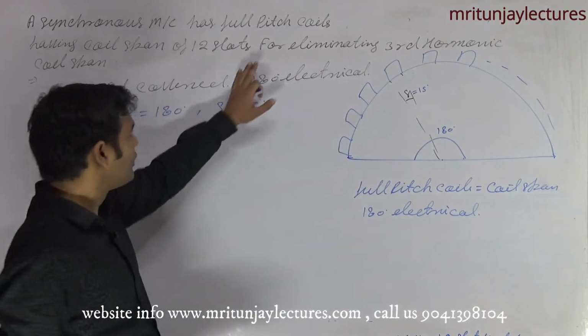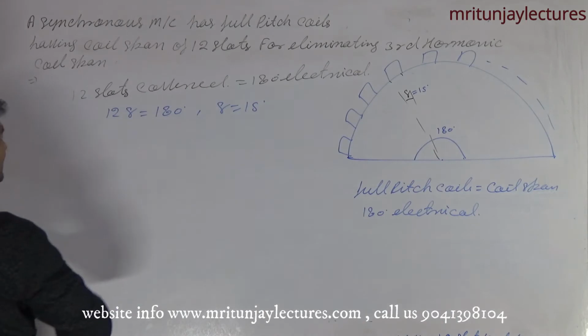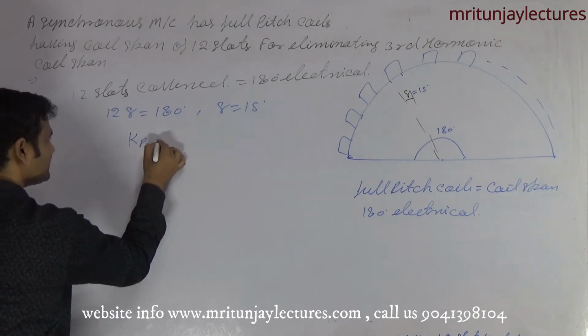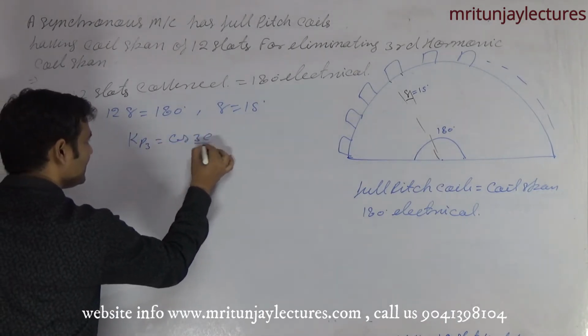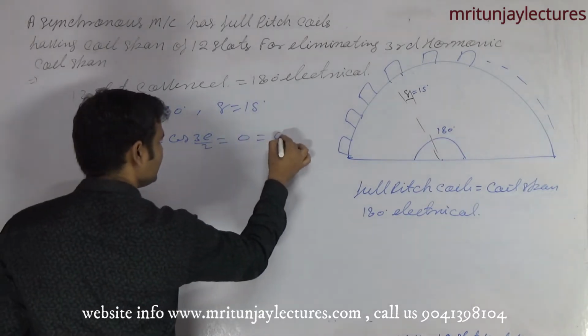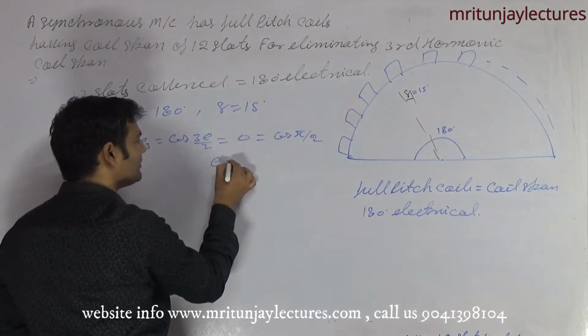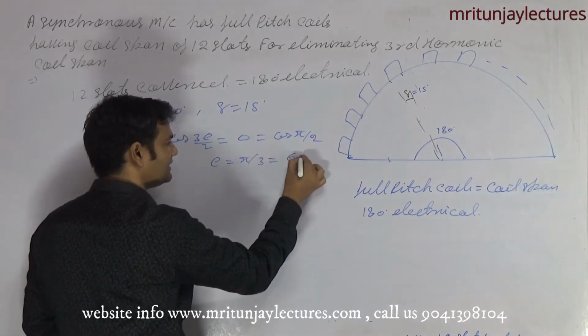Now, another way: for eliminating the third harmonic, P3 is equal to cos 3 gamma by 2, and this is equal to 0. It is also written as pi by 2. What about gamma? Pi by 3, that is 60 degree.